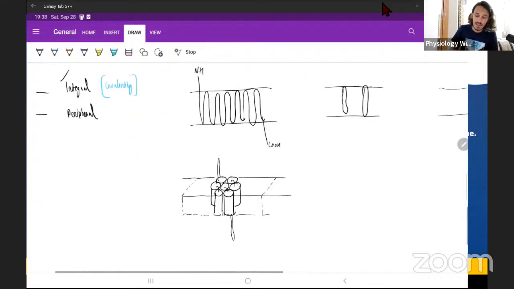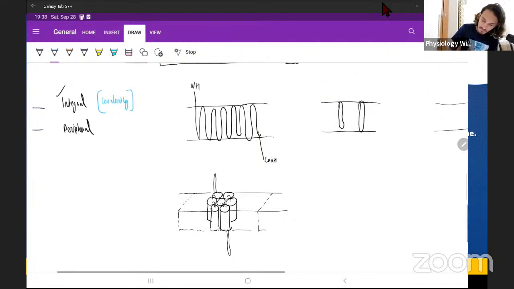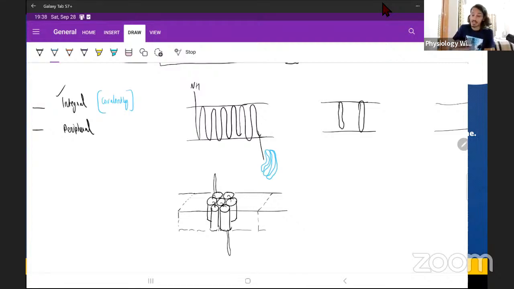Peripheral proteins, on the other hand, will be non-covalently attached to your integral proteins. Can you see this like this? So attached to this will be another protein like this. It can be inside, it can be outside. It's not like it's only going to be inside.